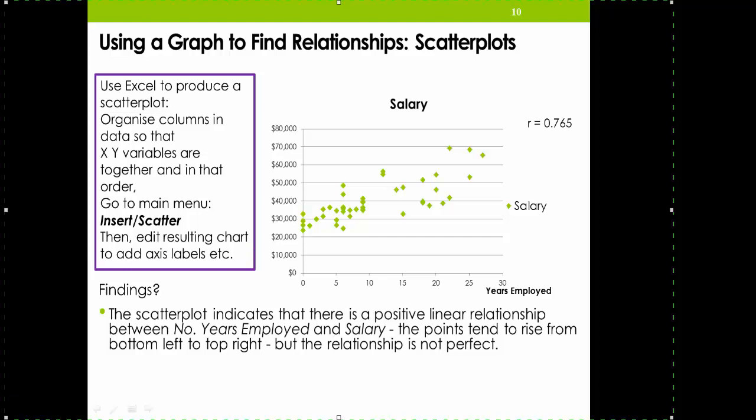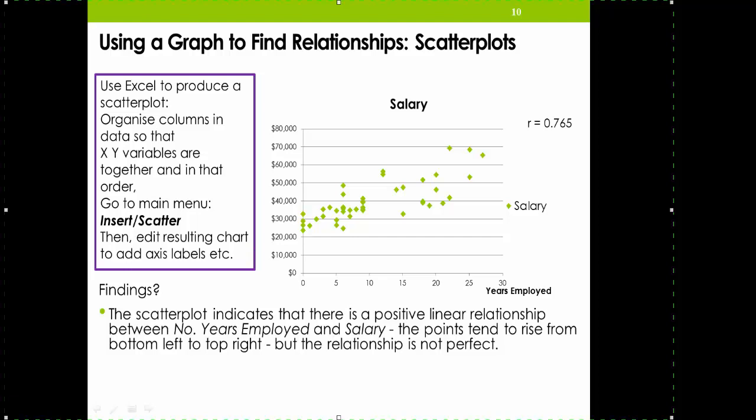And so here's the important part: the points tend to rise from bottom left to top right. That is what tells you that this is indicating a positive linear relationship.